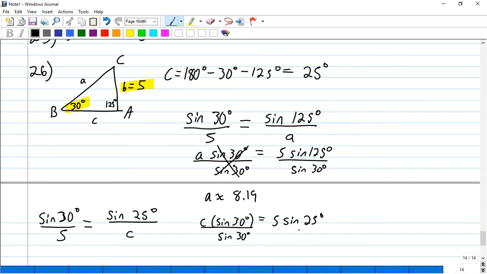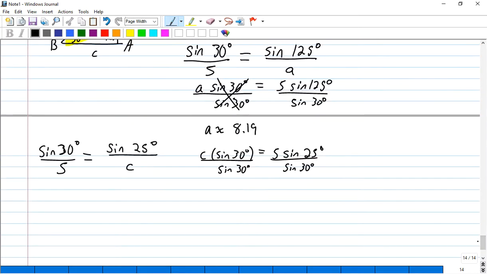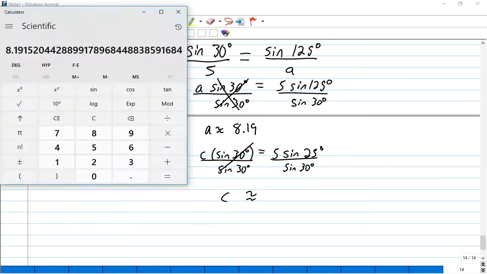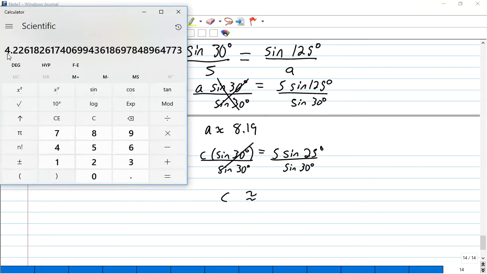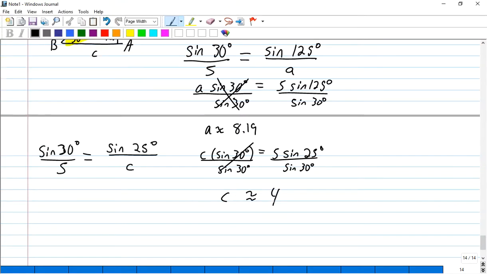Divide both sides by the sine of 30 degrees. And I get C is about 4.23. Alright, so I've solved for all of the unknowns in that triangle.